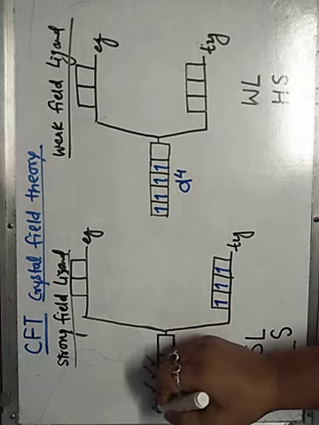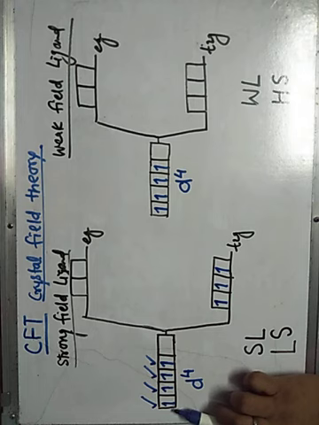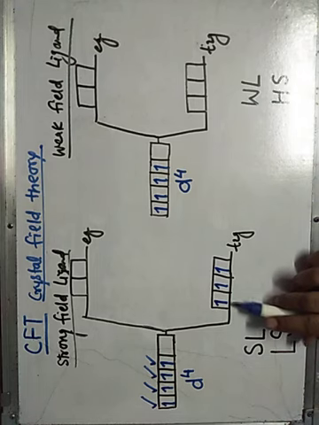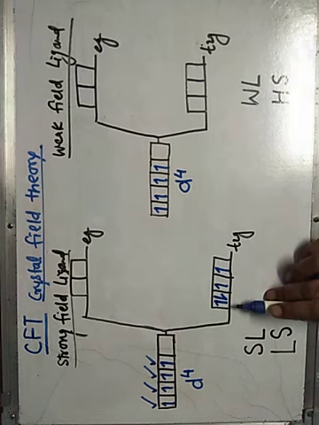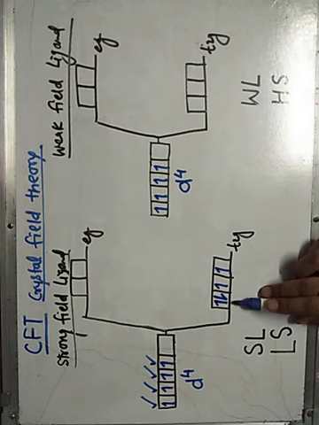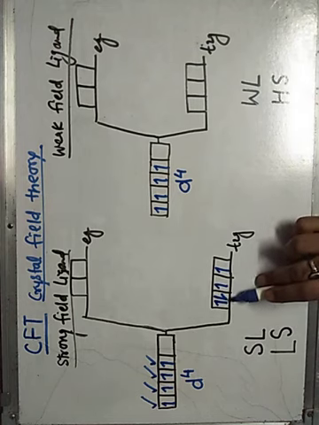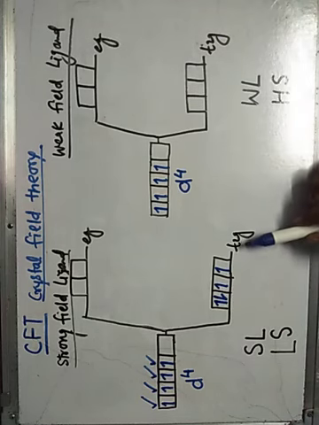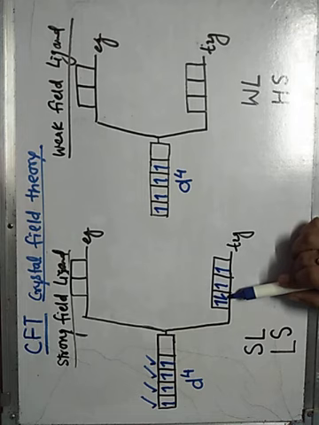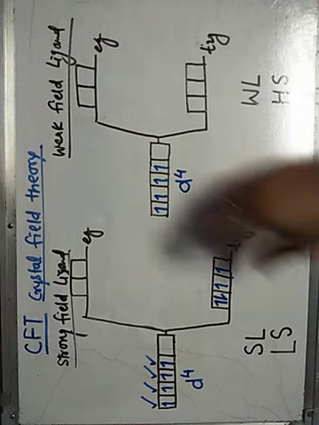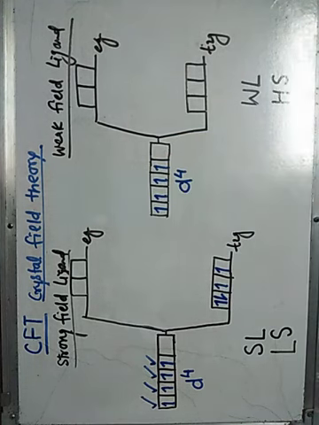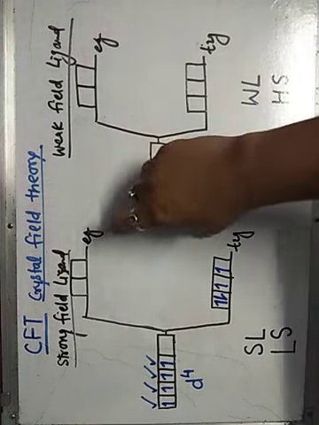You see that this particular electron goes inside this box, in the opposite direction, opposite rotation. So the fourth electron doesn't have the energy to bounce from t2g to eg, because the energy gap is greater.